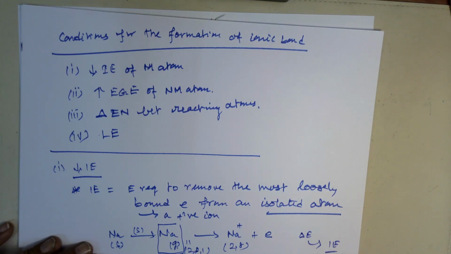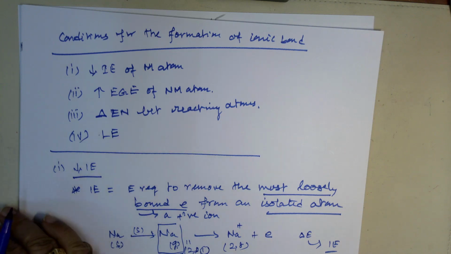Do you understand this point? Most loosely bound means the outermost electron. All other electrons are tightly bound with the inner core of the atom, that is the nucleus.